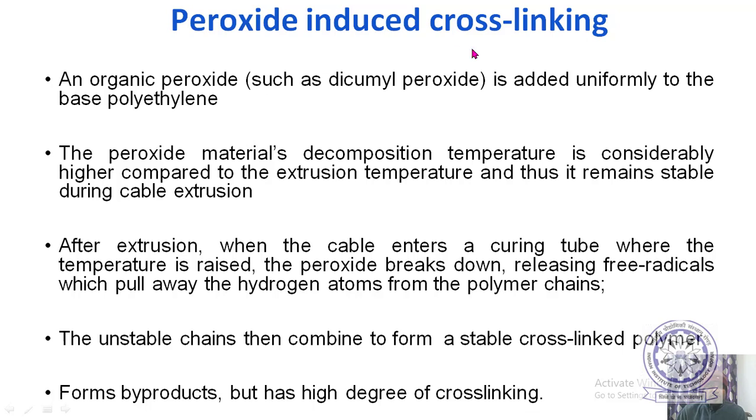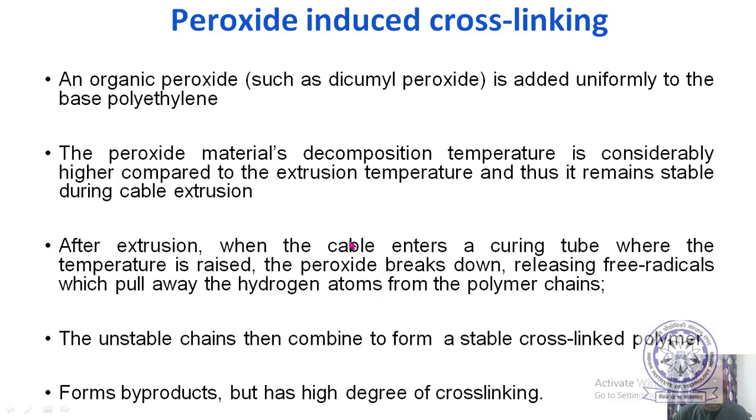Here, peroxide induced cross-linking. An organic peroxide such as dicumyl peroxide is added uniformly to the base polyethylene. The peroxide material's decomposition temperature is considerably higher compared to extrusion temperature, and thus it remains stable during cable extrusion. Because it has high decomposition temperature, it does not change during the extrusion process.